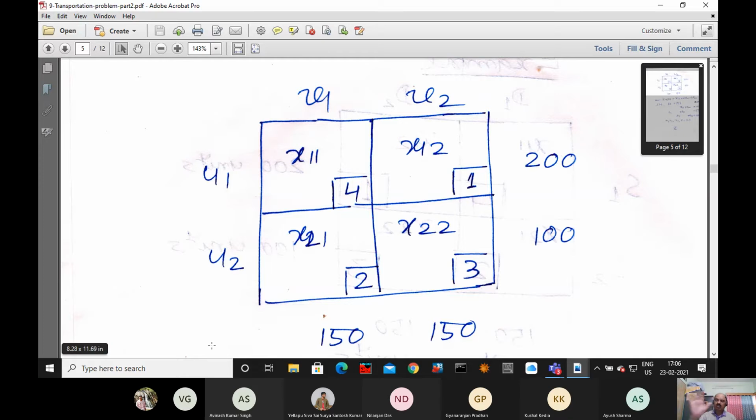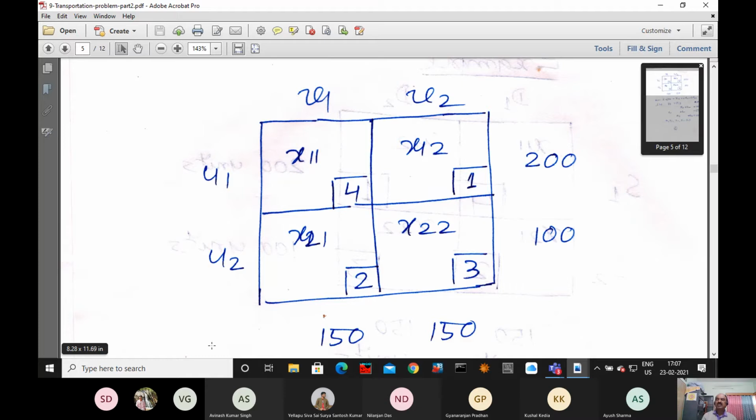Once we have allocated, we check whether this present solution is optimal or not. If it is optimal, the primal objective function and dual objective function will be the same, and all the primal and dual constraints will be fulfilled. But here we find the primal and dual objective function values become the same, but the dual constraints are not fulfilled.